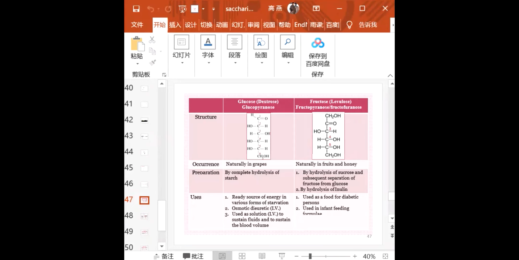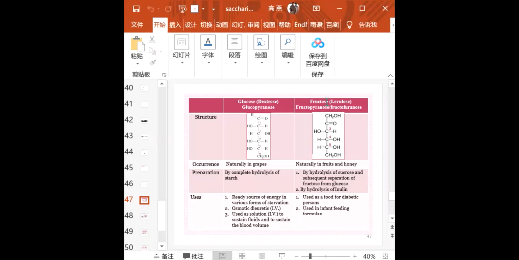So that's why if you get sick, before you get medicine from IV injection, the nurse will first give you some supplement of glucose solution. It's used to sustain fluid before you get some medicine. So this is glucose.